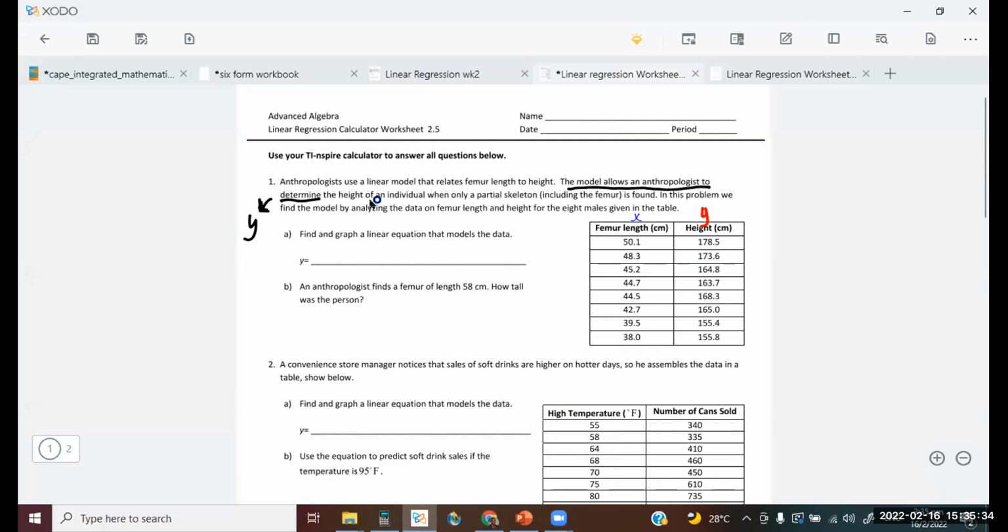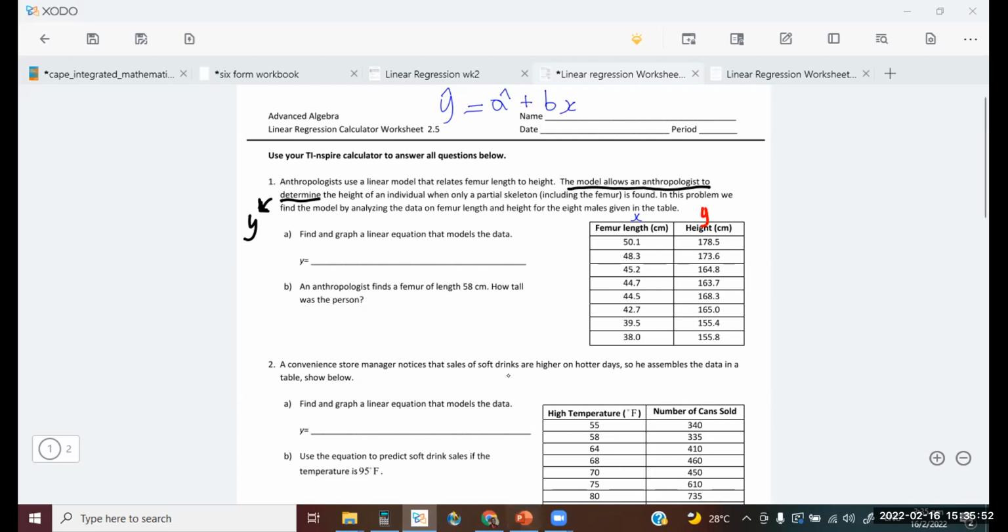While it's loading, write down the equation y hat is equal to a hat plus b times x. We know x already, but we need to find a hat and b.